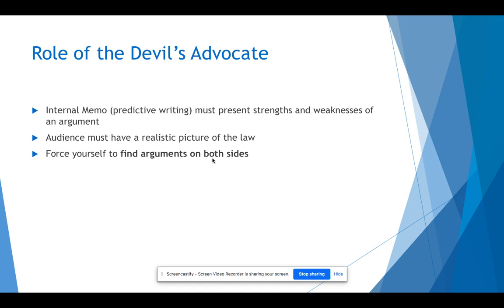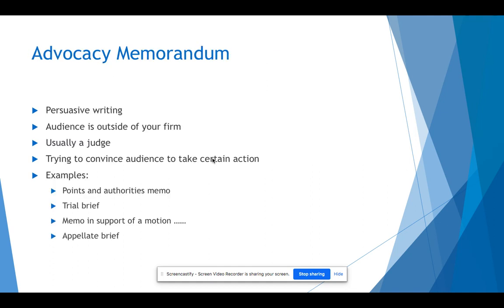Okay, so that's the role of the devil's advocate. So if you're writing this predictive type writing, you're going to be looking not only to the best strategies for your client, you're going to be wanting to figure out what strategies the opposing party might use. So you have to find the law and arguments on both sides so you don't miss anything.